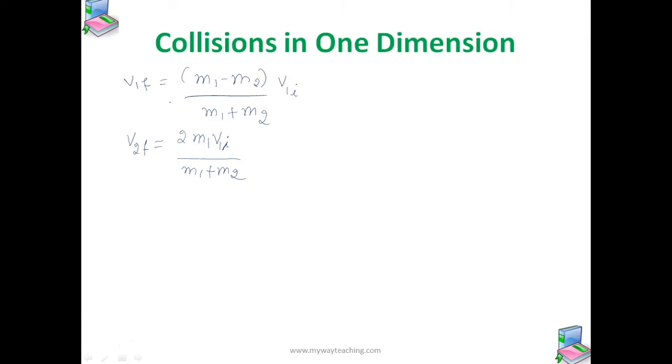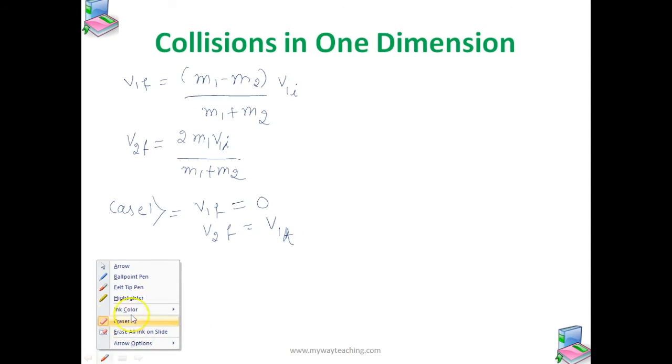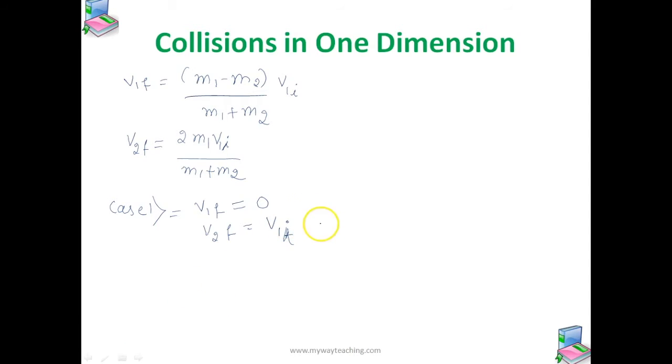Now let us consider two simple cases. In the first case, if the two masses are equal, m1 and m2, then v1f will become what? 0, and v2f will become v1i.